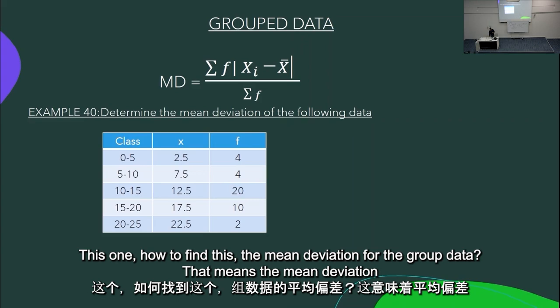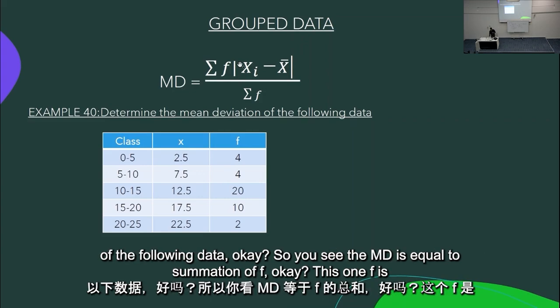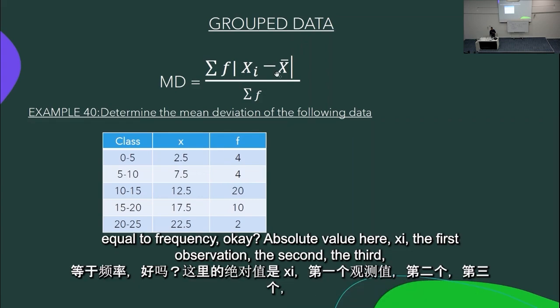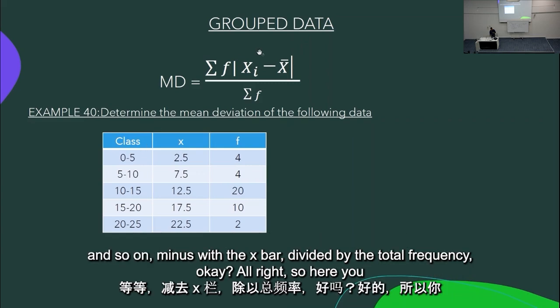Now, how to find the mean deviation for grouped data. Determine the mean deviation of the following data. The MD is equal to the summation of f, where f is the frequency, times the absolute value of xi, the first observation, the second, the third, and so on, minus x bar, divided by the total frequency.